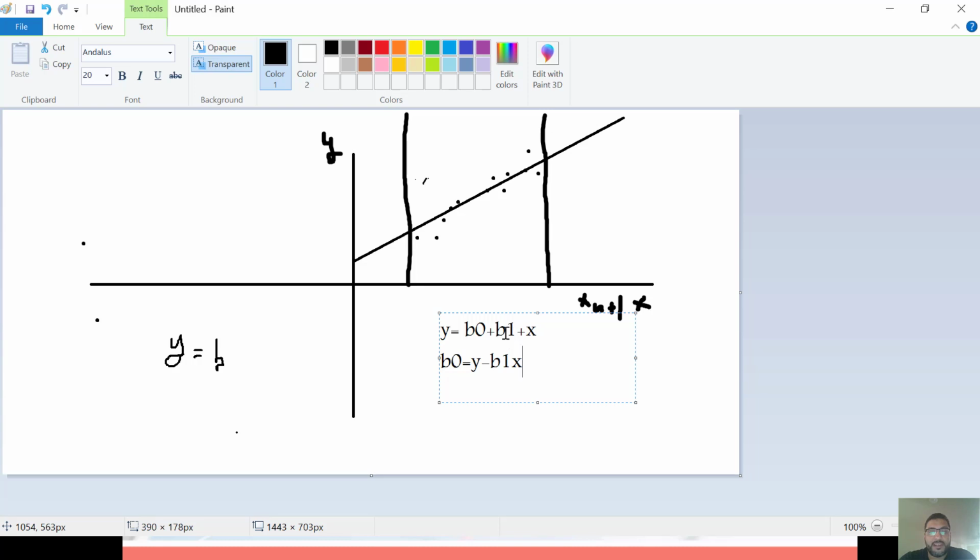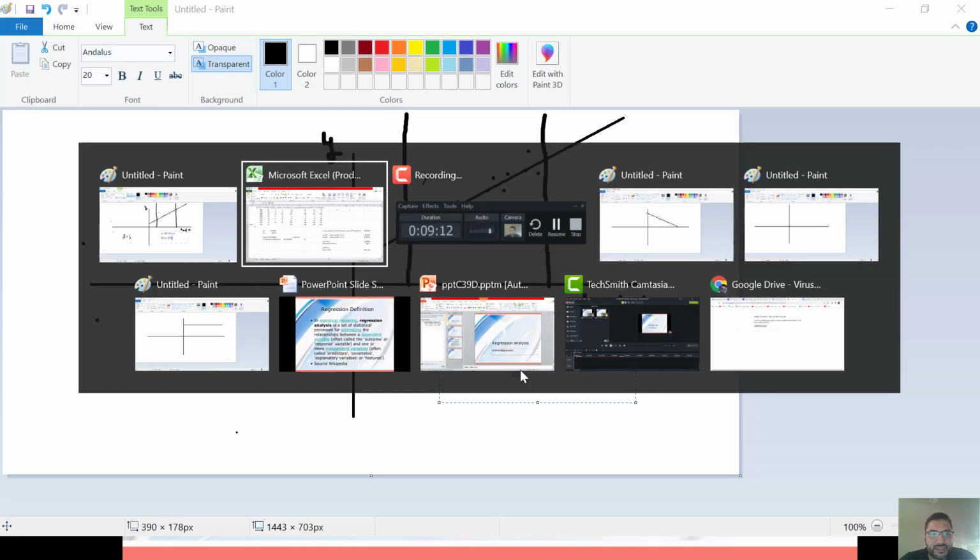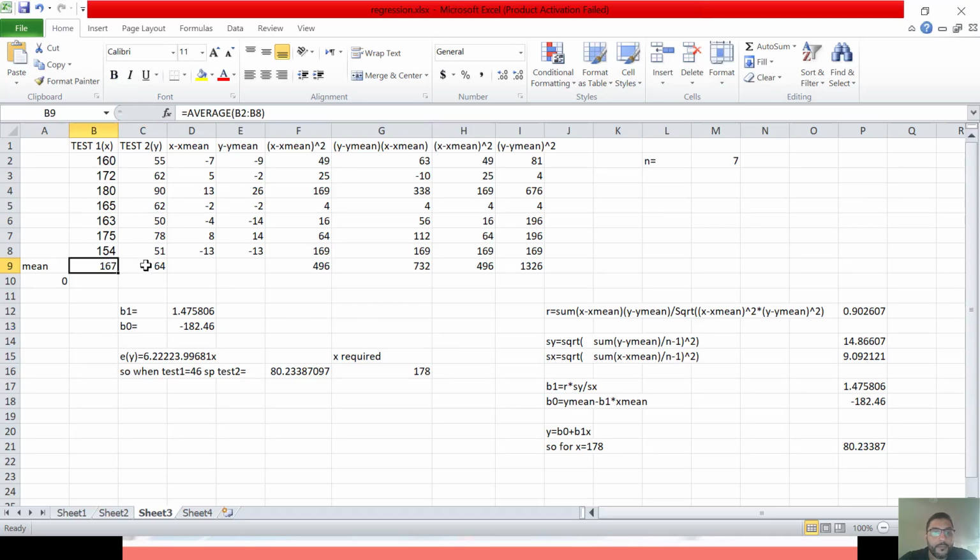So all I did was take this part and put it on the other side of the equation, and to get b naught I'm going to substitute this x and y by a point that achieves the equation of this line, which is the mean point. And this is what I did here: y mean minus b1 multiplied by x mean, and it's going to give me b naught.